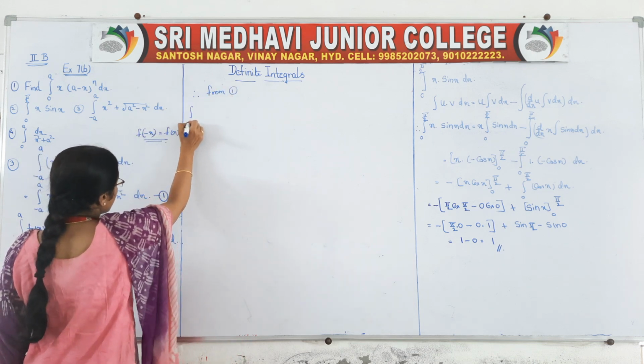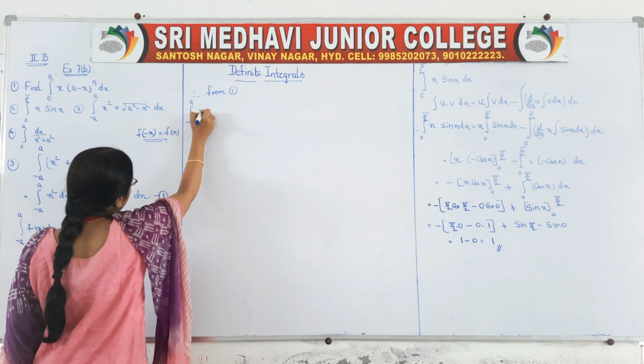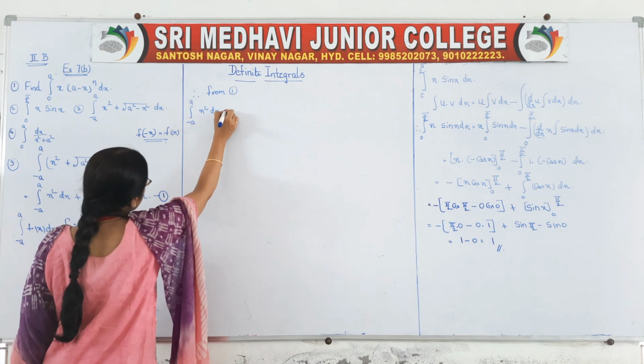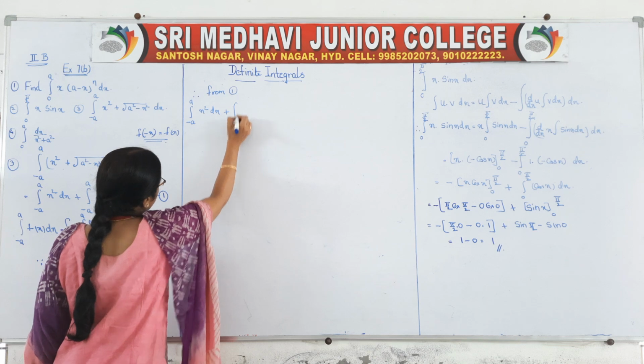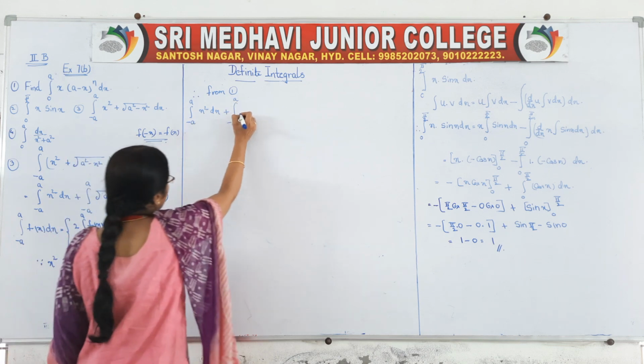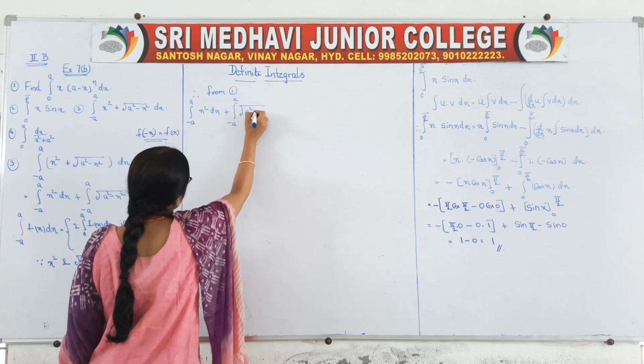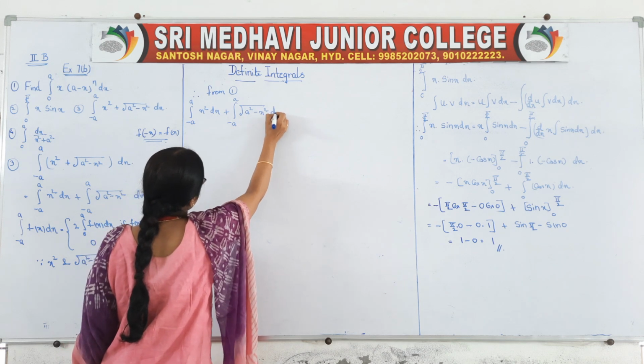Otherwise, you write once again the integral from minus a to a of x square dx plus the integral from minus a to a of root of a square minus x square dx.